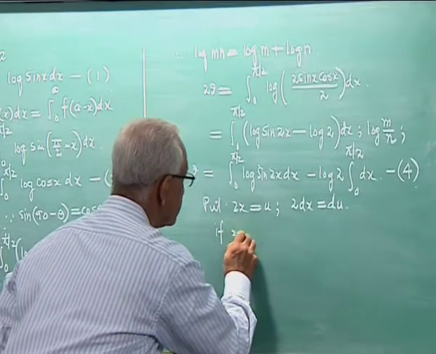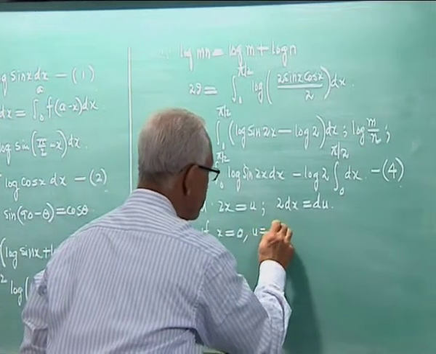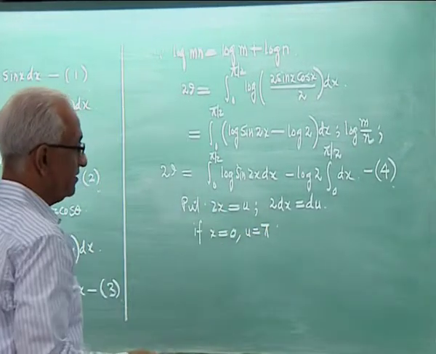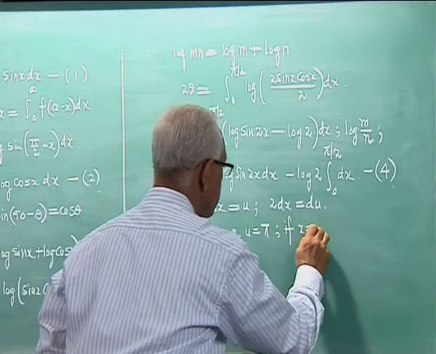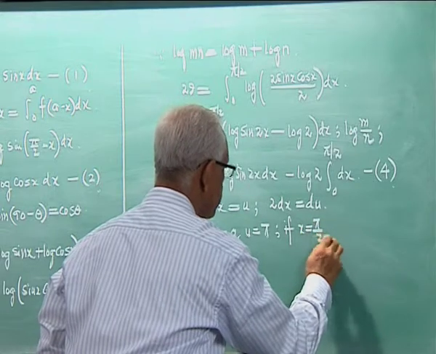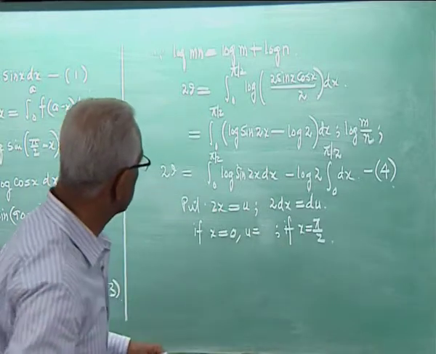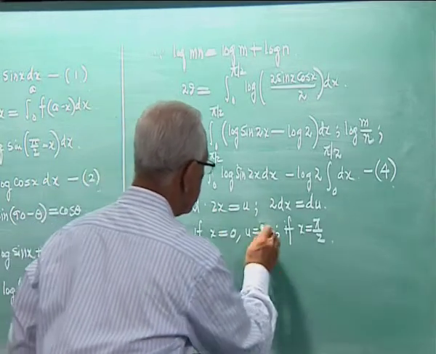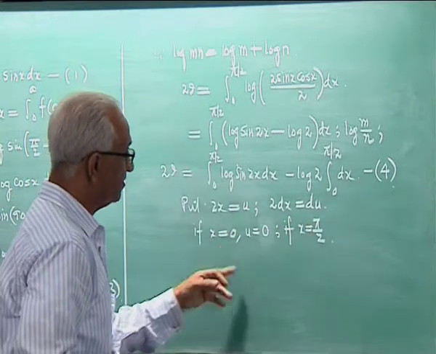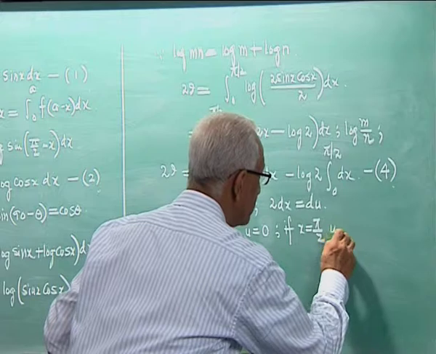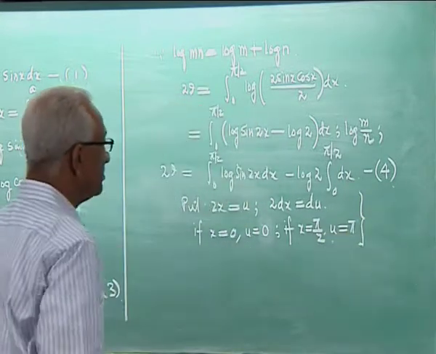If x is equal to 0, u also turns to 0, and if x is equal to pi by 2, the upper limit, u becomes equal to pi. So those are the substitution and change of limits.